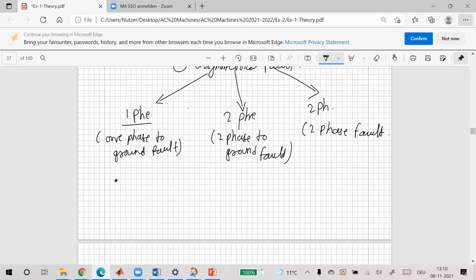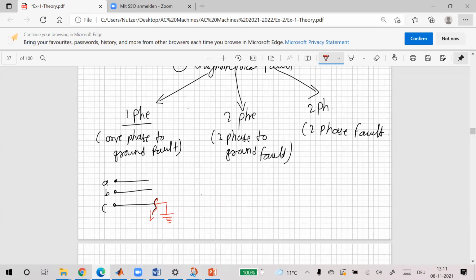If you want to draw the fault for this, this is your ABC. Let's say only one phase has a fault. So only one phase has got connected to the ground. This is your one phase to earth fault.